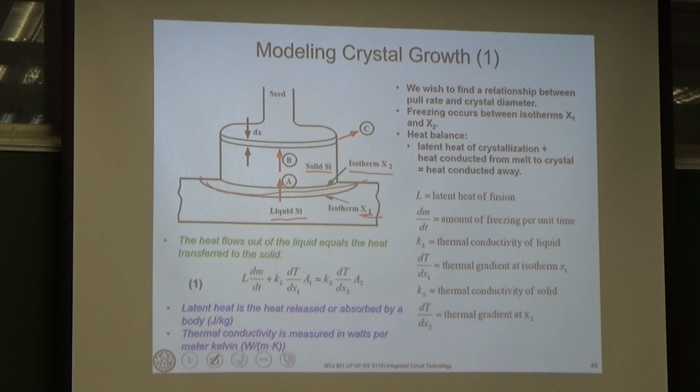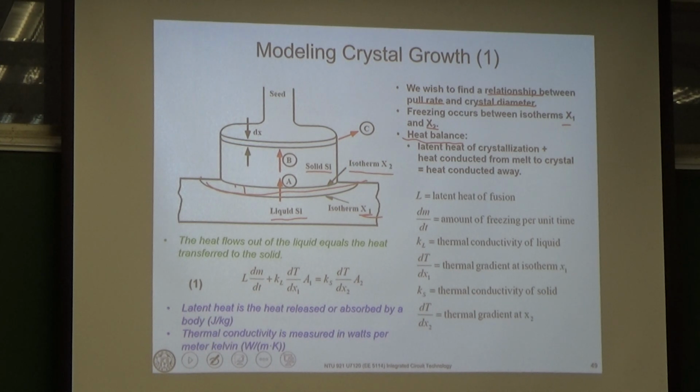Our goal is to find a relationship between pull rate and crystal diameter. This freezing happens between isothermals X1 and X2, where it begins to freeze. We will begin from our heat balance.